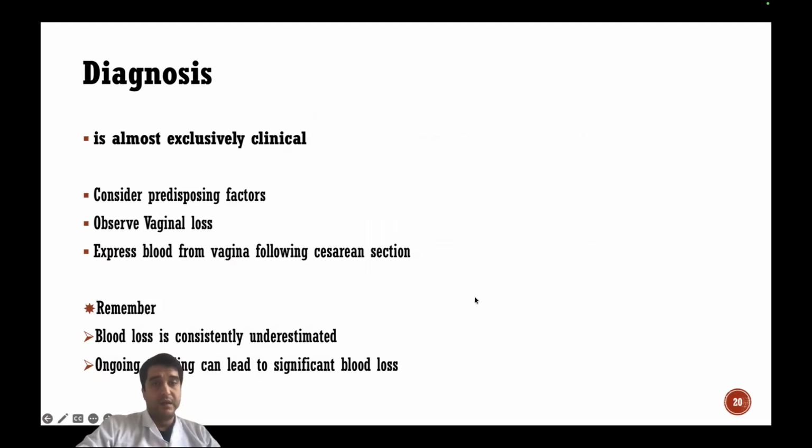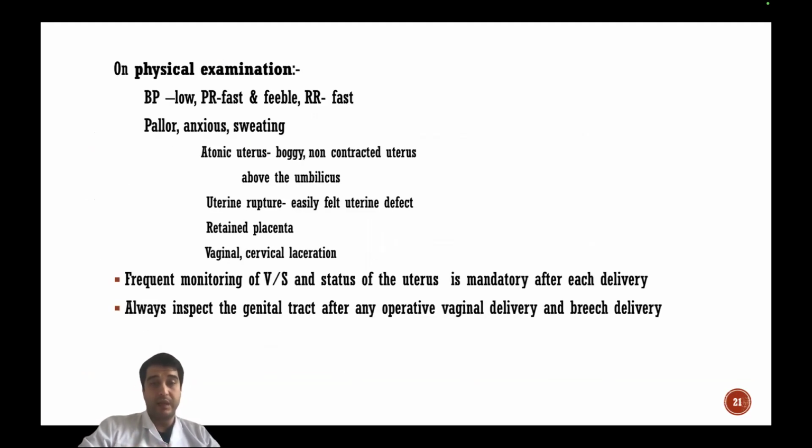Diagnosis is almost exclusively clinical. Consider predisposing factors, observe vaginal loss, express blood from the vagina following cesarean sections. Remember, blood loss is constantly underestimated. Ongoing trickling can lead to significant blood loss.